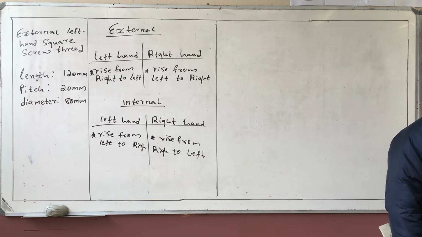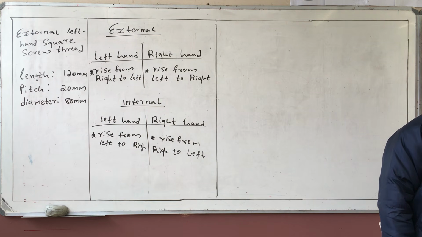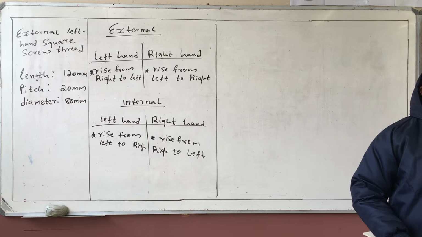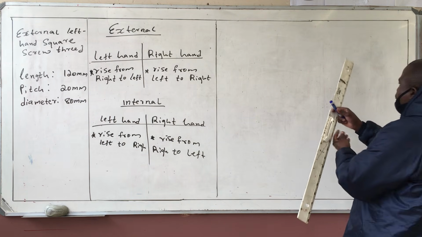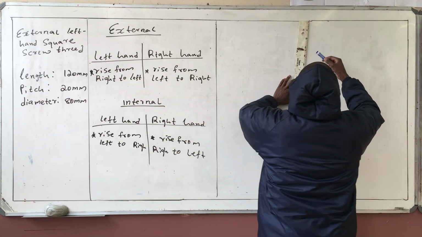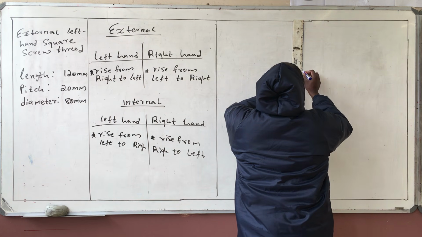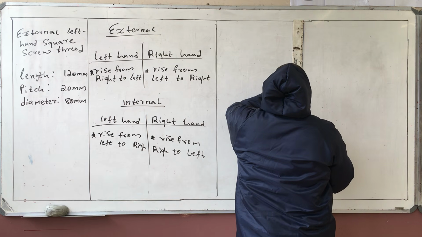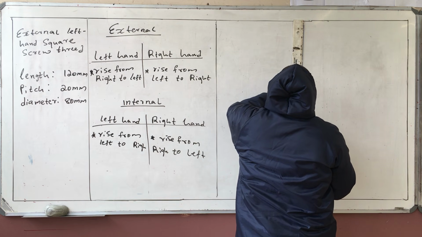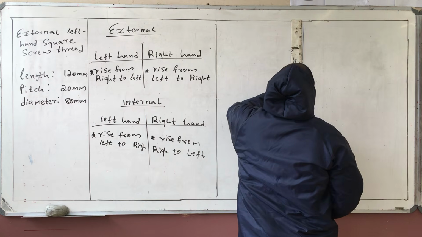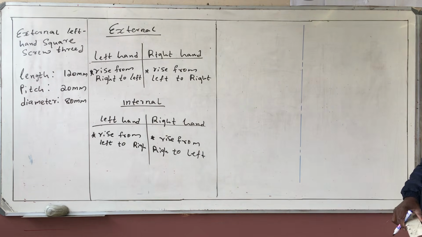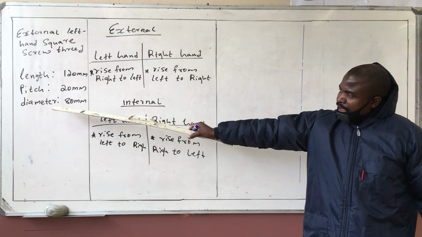As I said, our square thread will be vertical, therefore I need a vertical center line, which will be this one. That's my center line. First, I will take a diameter.